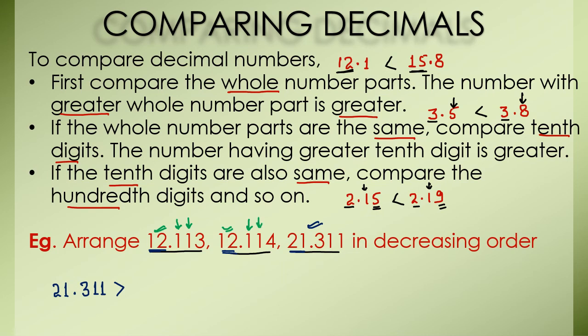So compare the thousandth place now. In the thousandth place we have 3 in the first number and 4 in the next number. 4 is greater than 3, which means 12.114 is greater. So 12.114 and then the smallest one is 12.113.